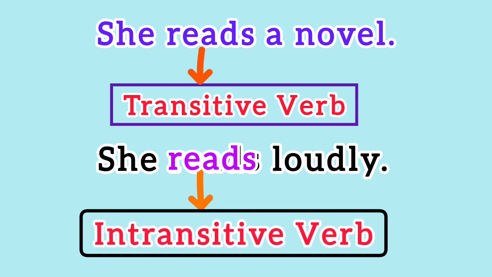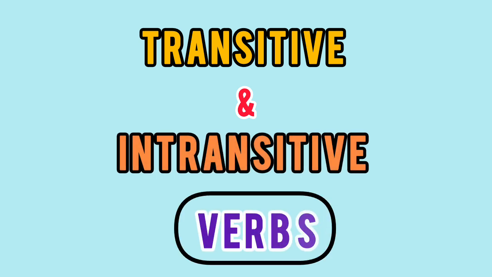That means the same verb has been used in both the sentences, but in terms of sense, sentence one is an example of a transitive verb, whereas the second sentence is an example of an intransitive verb. So this is about the transitive and intransitive verb. So go through this clip. Hope it would be easy for you to understand the concepts of transitive verbs as well as intransitive verbs.